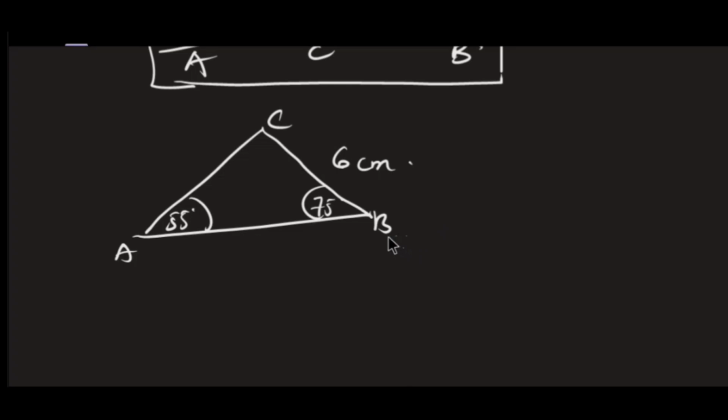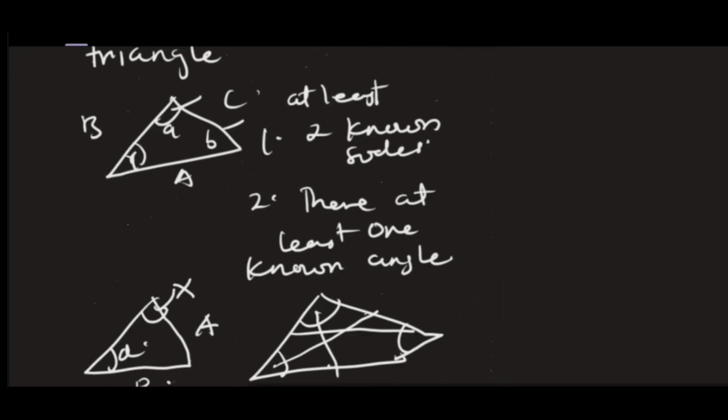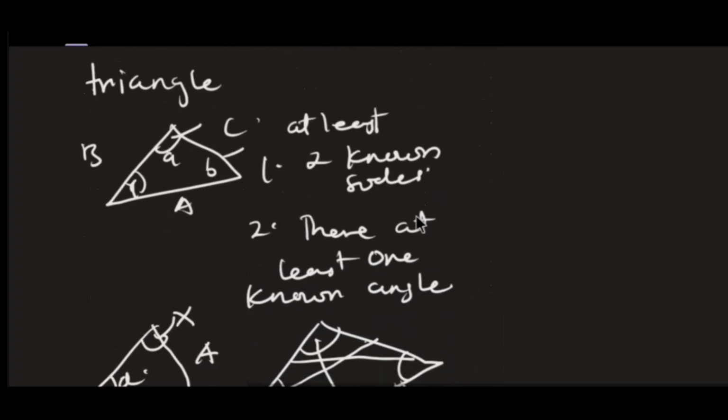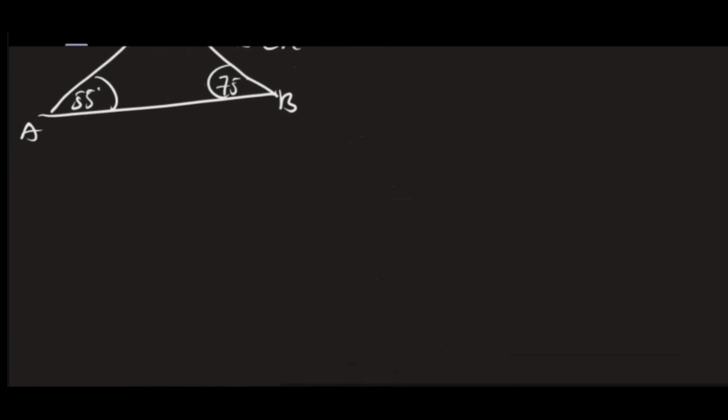Now we are going to use the sine rule to find the angle. So let's see. In the sine rule, the condition was you should know at least two known sides, then there should be at least one known angle.